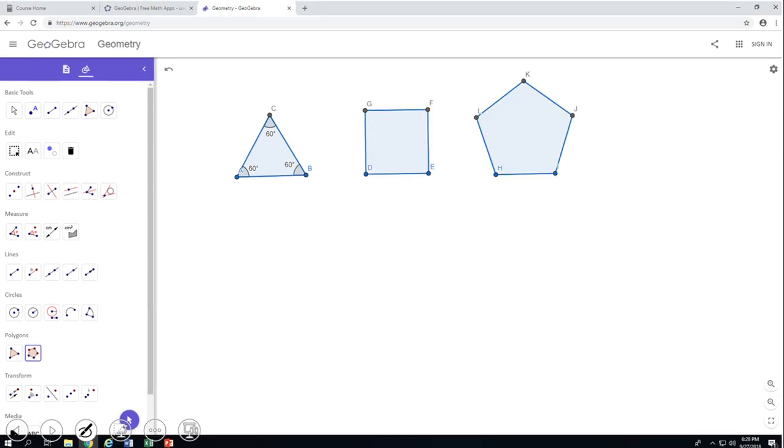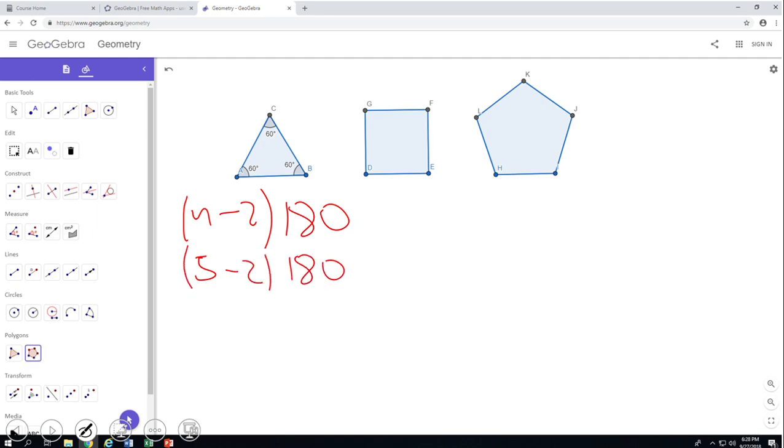Another famous regular polygon, the pentagon. This one has 5 sides. If you want to find the sum of the measures of the interior angles, we can use this formula, n minus 2 times 180, and we end up with 540.